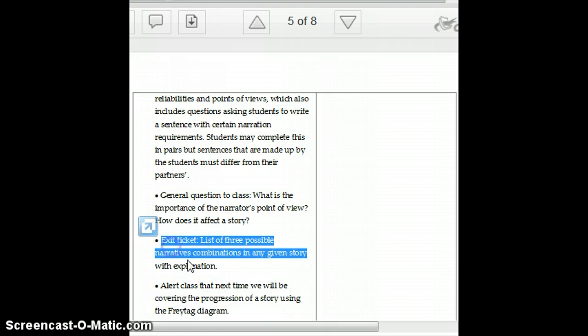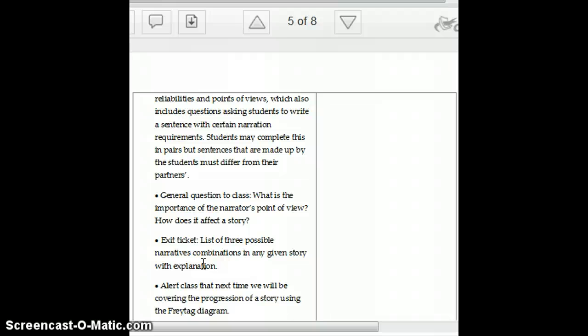This may be where you're asking them to think about the story, the narrative you will be creating, which narrator will you use and why, in which case this has become a pre-writing lesson plan. And then we're good to go. But you just have list of 3 possible narrative combinations in any given story. And so I don't think that's where you went.